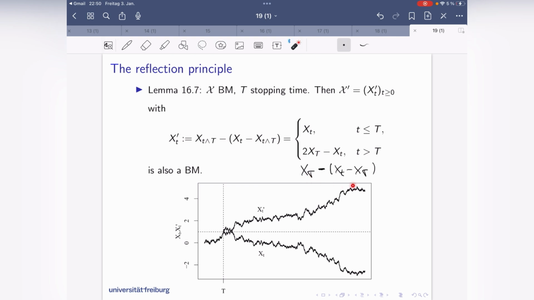And when you do the algebra, that's just 2X capital T minus Xt. So that's the same as here.